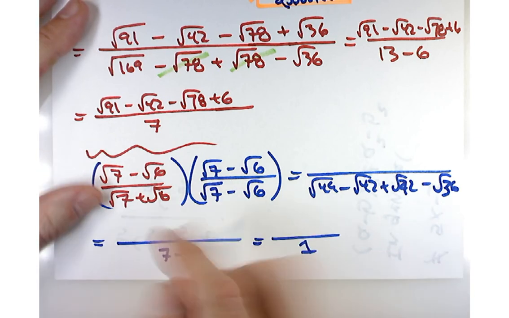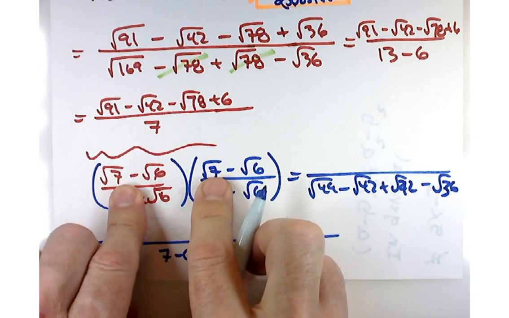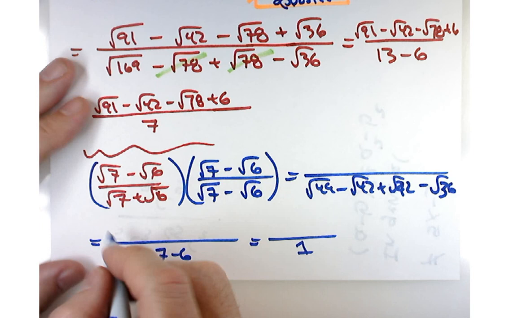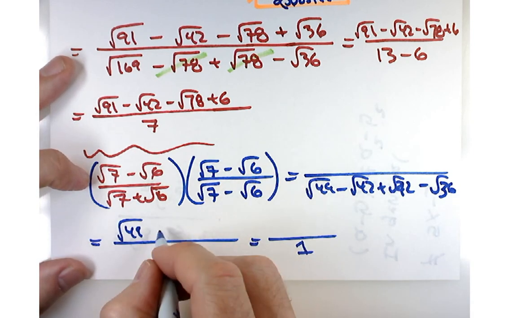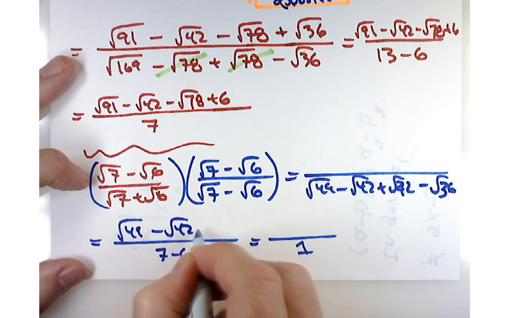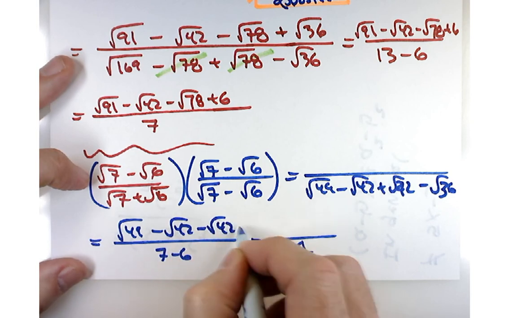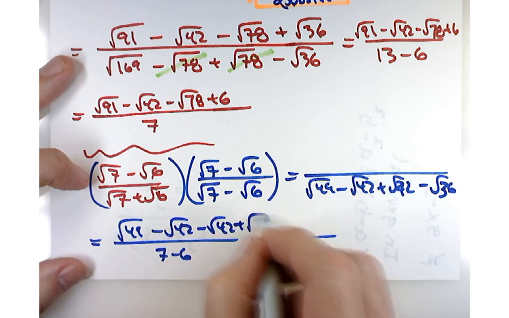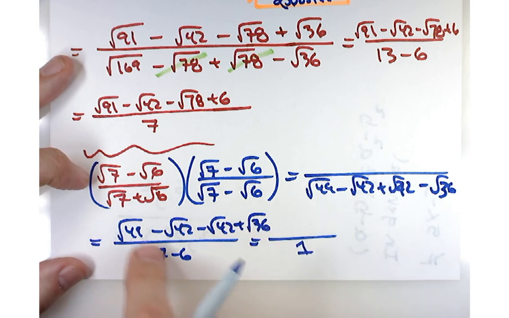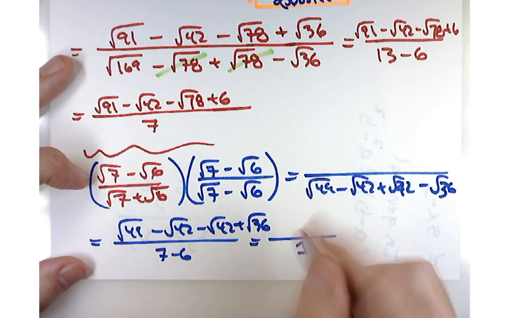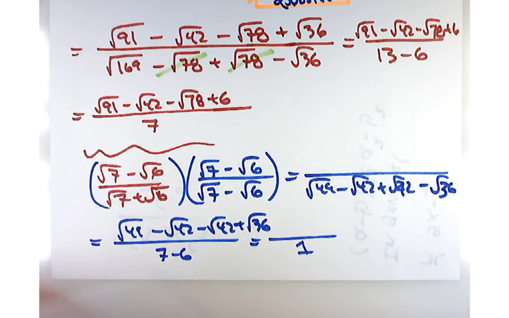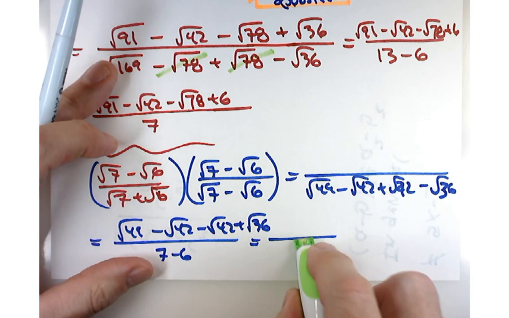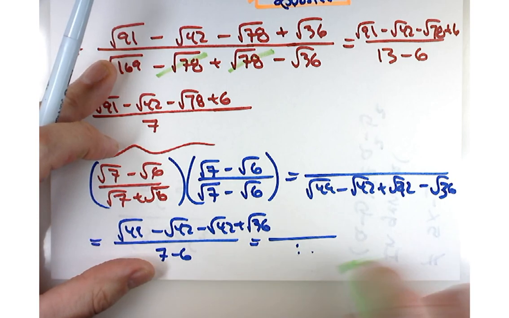In the numerator, if you want to use the box method up here, that's fine. You're going to get square root of 49 plus, or excuse me, minus square root of 42, minus square root of 42 again, and then plus square root of 36. So it's going to be 7. Yeah, I didn't leave myself enough room. Yeah, let's do it this way.